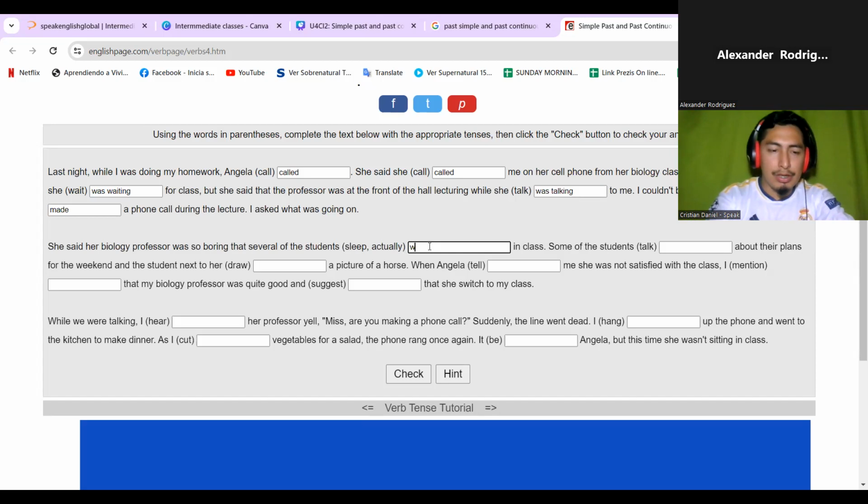So were sleeping in class, actually. Okay. Now, in what part of that sentence do you think the adverb actually goes? At the end, after the verb to be, or after the verb in ing?